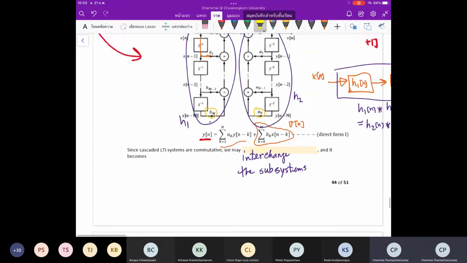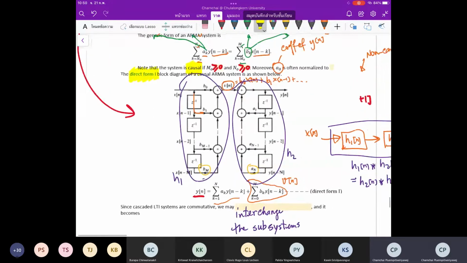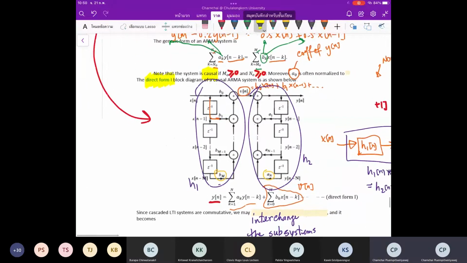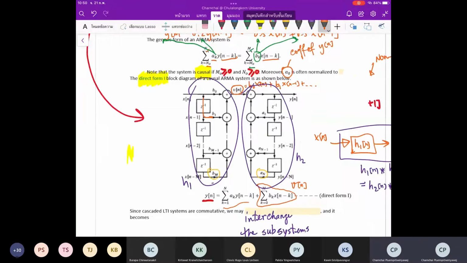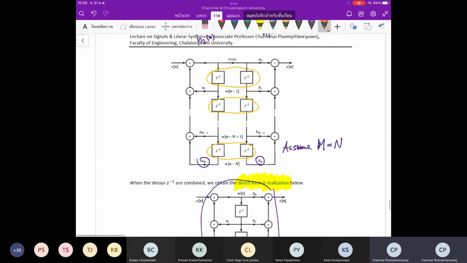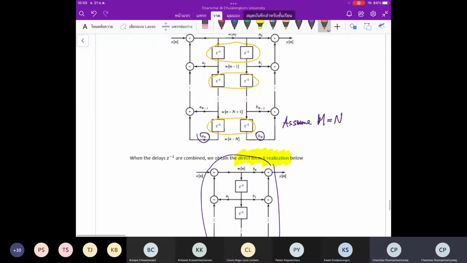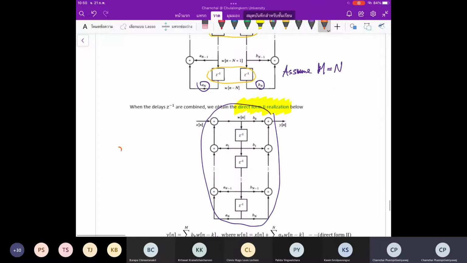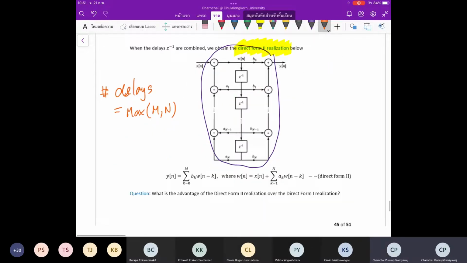Normally you're going to have N plus M delays, the number of delay components is M plus N. But for this one, it's reduced to just the maximum: the number of delays is equal to the maximum between M and N.